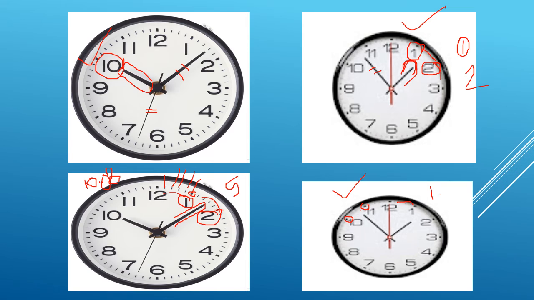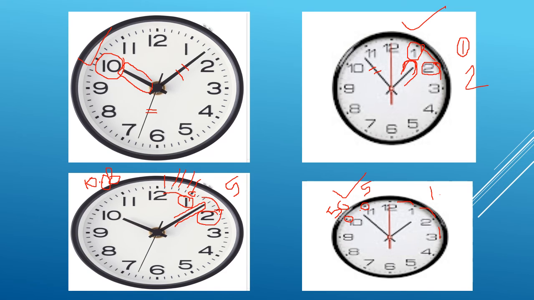So from 12 to 1, 5, 1 to 2, 5, 2 to 3, 5. This way, from 10 it will be 50. And from 50 to here it is 4, which means it is 54.